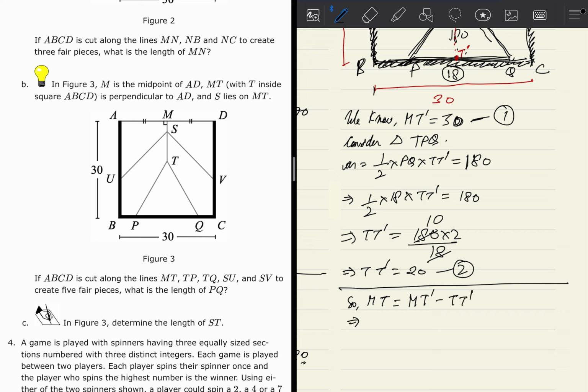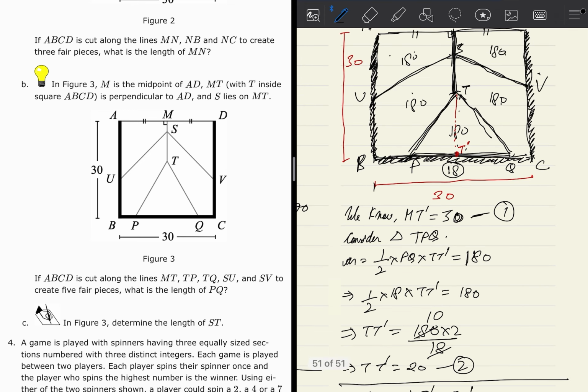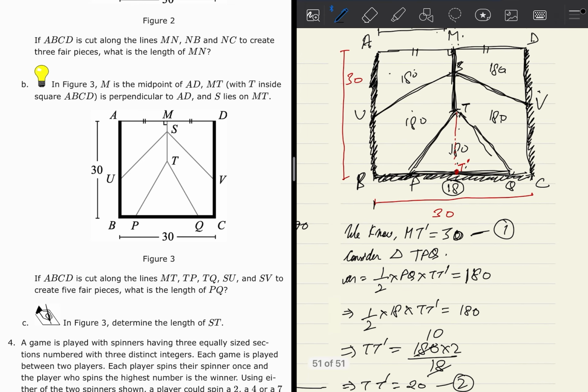This implies MT equals 30 minus 20 equals 10. This implies MT equals 10. Let's keep it as 3, because this is also going to come into play very soon. Now let's look at the trapezium.